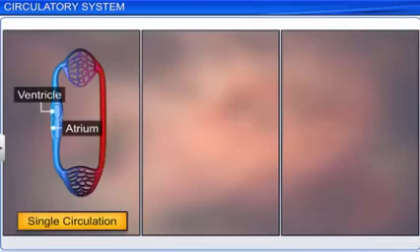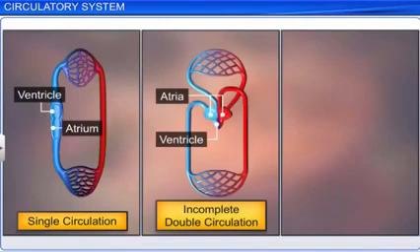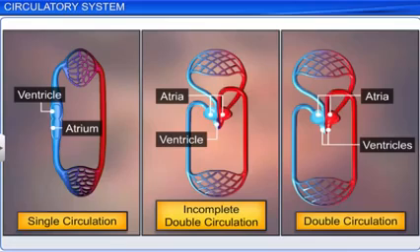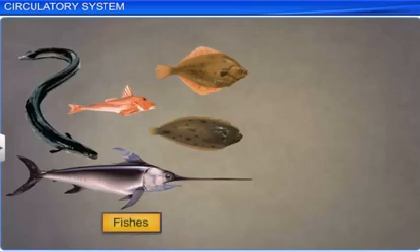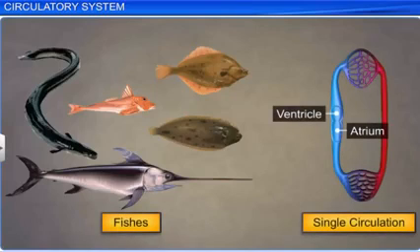The blood circulation in these animals also differs due to the difference in the number of chambers. For example, fishes exhibit single circulation.